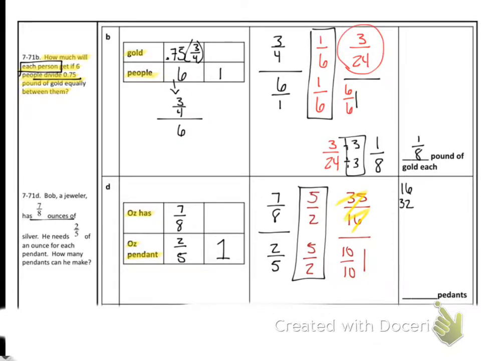Plus 16 more will give us 48. So we can only have 2 groups of 16. We're stuck at 32, 33, 34, 35, so we have 3 left over. 2 and 3/16 is what he's going to need for each pendant.